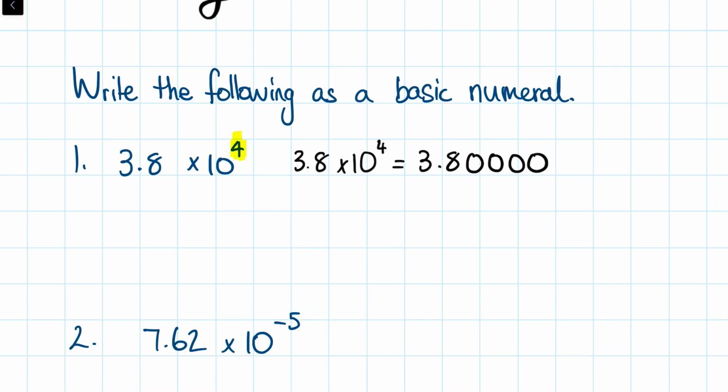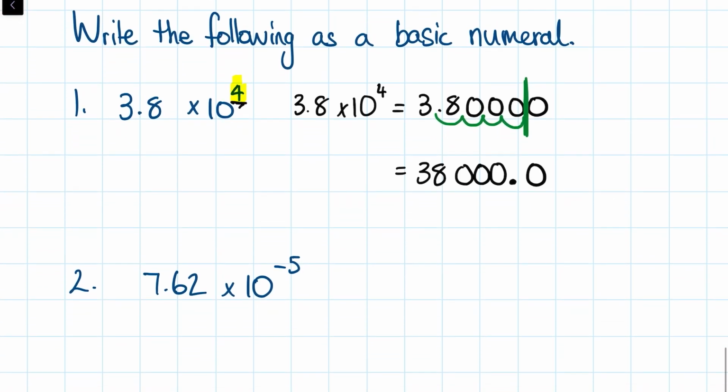Now I'm going to move my decimal 4 places as well. 1, 2, 3, 4. This is where I want my decimal point to be. So our answer is going to become 38,000.0.